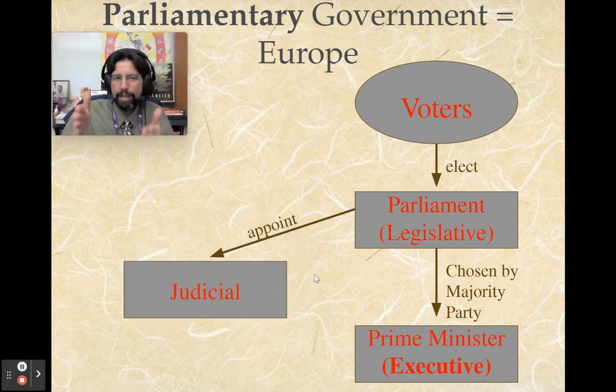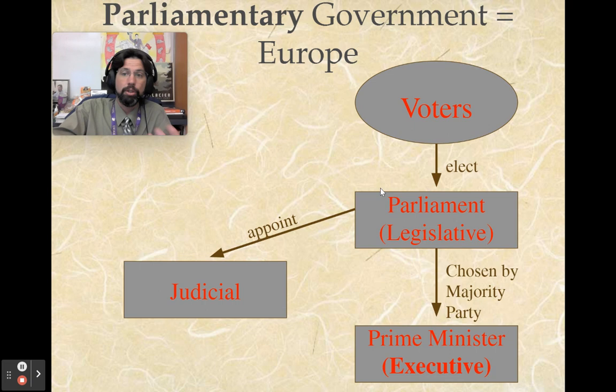So in this system, part of how the prime minister, the chief executive, is controlled is they are held accountable to the party that runs parliament. And the voters can always change out who's going to be in this parliament by election. But the voters don't actually vote for the executive. In this case, the voters only vote for the legislative, and the legislative chooses the executive.